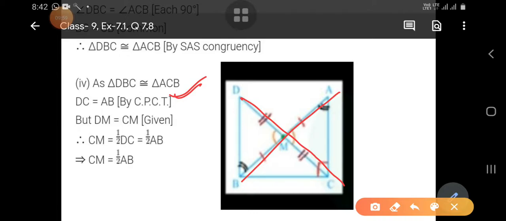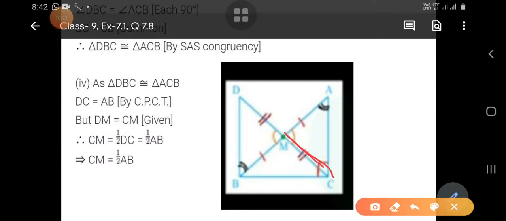Now it is already given in the question that DM is equal to CM. So we can write DM as CM. Now see the picture once again.